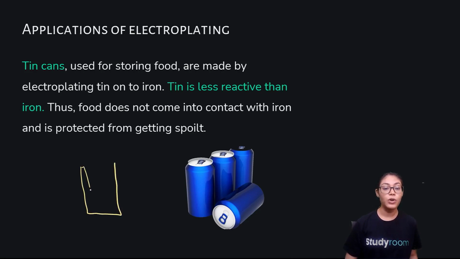So, if we coat it with tin, suppose this is iron and this is tin, the iron doesn't directly come in contact with the food. Because tin is much less reactive, it protects the food. So food does not come in contact with iron and is protected from getting spoiled. Correct?